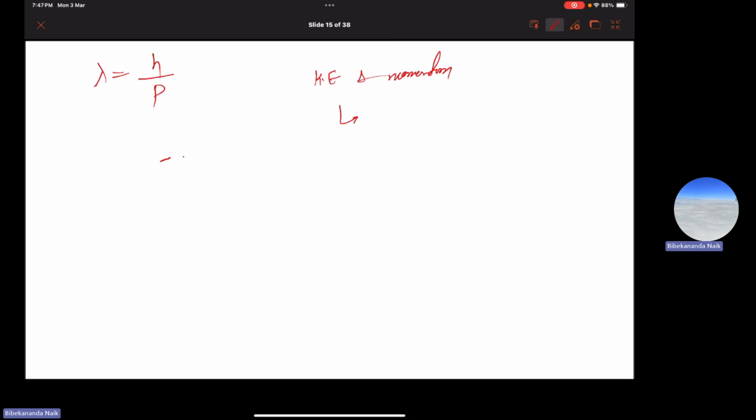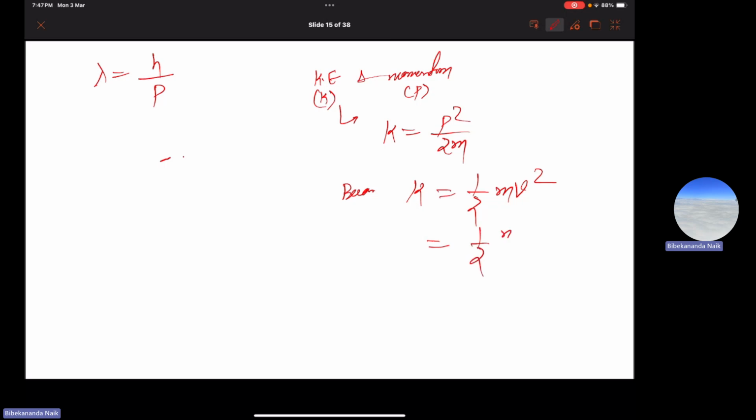If the kinetic energy is K and momentum is p, K is given as p square by 2m, because kinetic energy K is half mv square, so half m square v square by m, or half p square by m, which is p square by 2m.